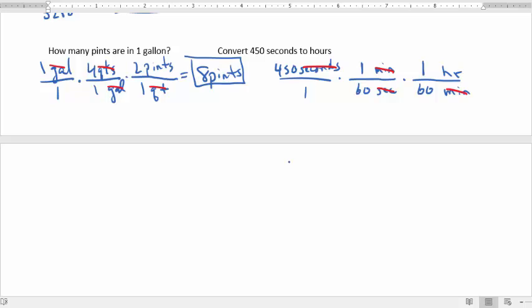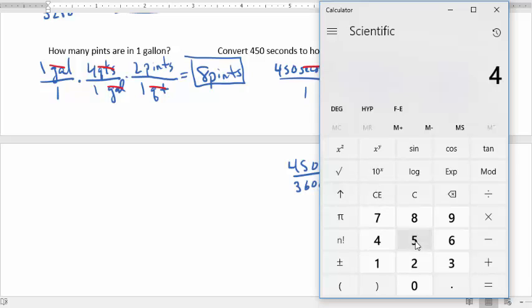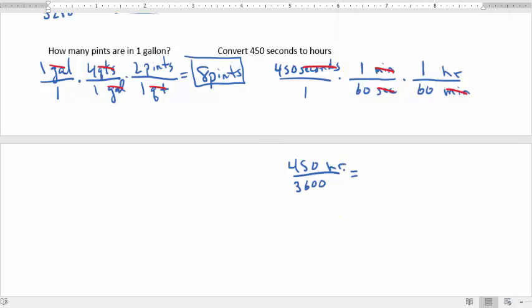So we're really going to have 450 hours over 60 times 60, which is 3,600. So 450 hours over 3,600, you're going to divide 450 by 3,600. And that gives us 0.125, which is actually 1/8.